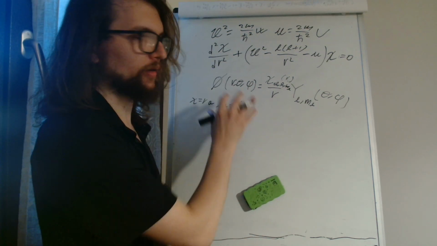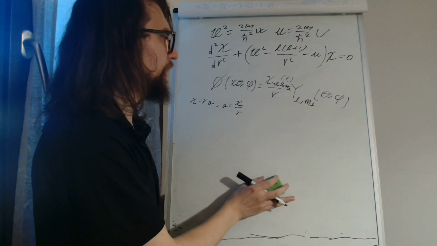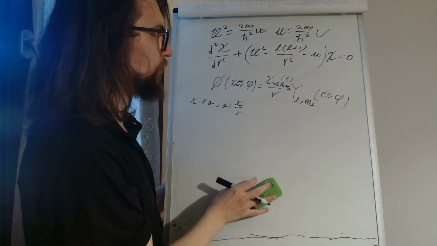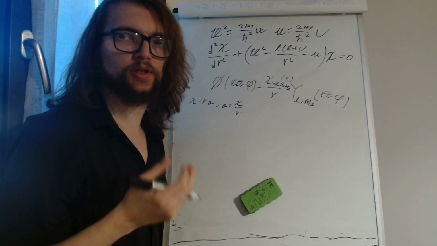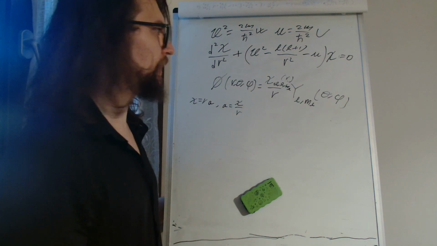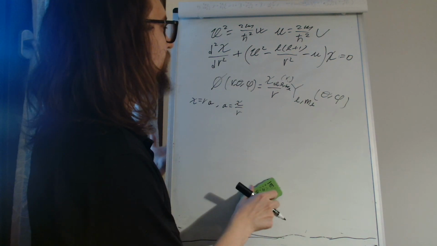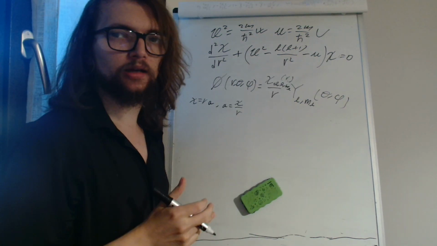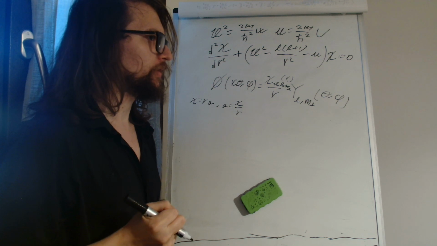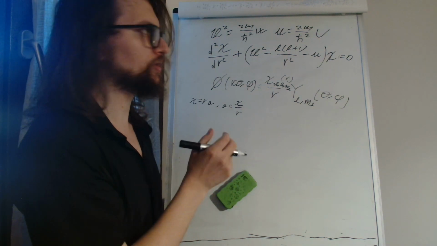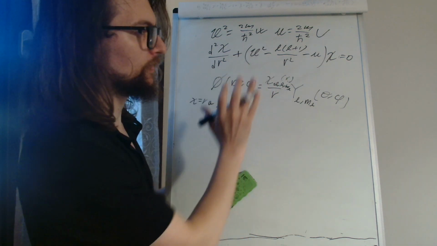So this is our general solution, and depending on the potential we have some acceptable solutions and some solutions which are not physical or non-normalizable. For example, if we have a Coulombian potential like in the hydrogen atom, we will have solutions only for discrete values of k.